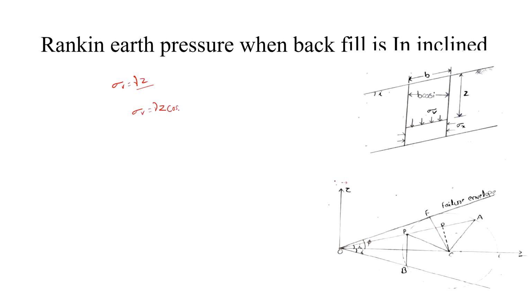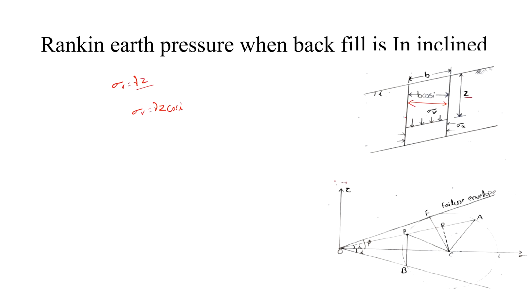into cos i, because while calculating the stresses we are taking b cos i as the width of this prism. So we are considering one prism. For that we have to take the volume, with height z, width b cos i, and length perpendicular to this diagram.